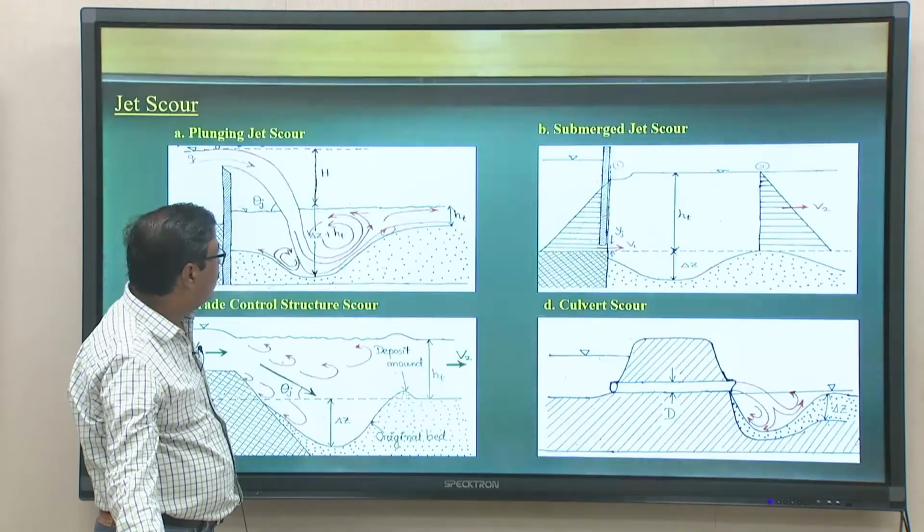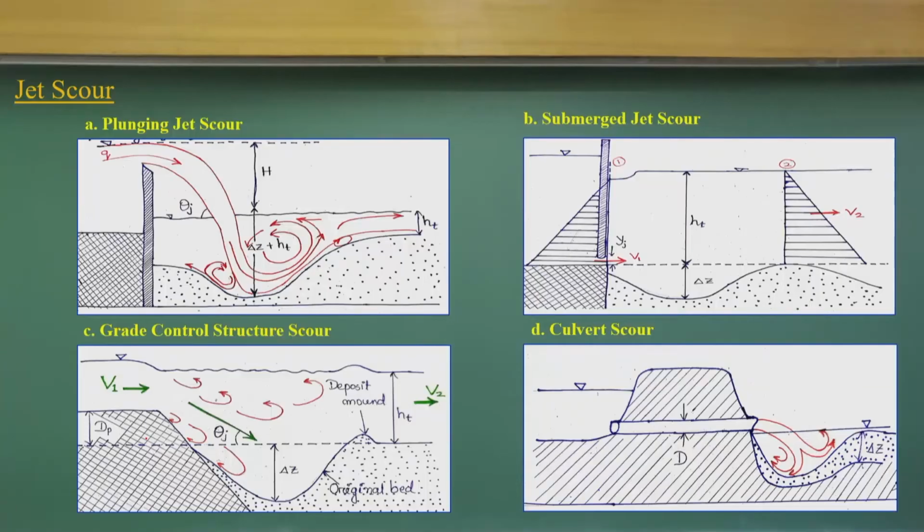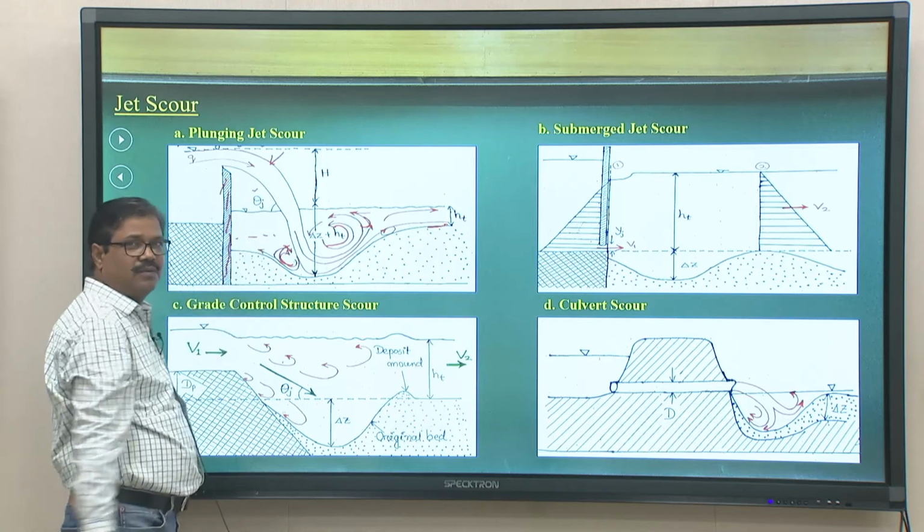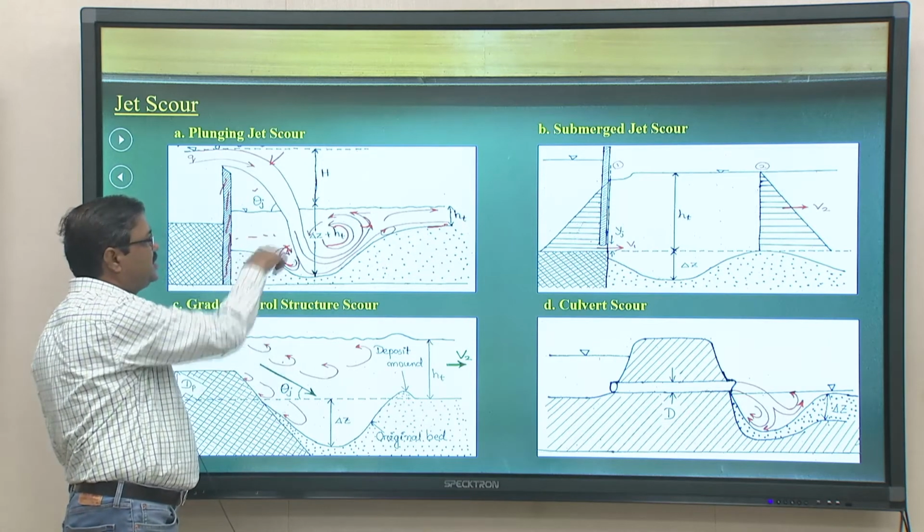Looking at the first part, jet scours. Let us look at these 4 figures, which give very interesting information about what type of scour can happen. If you have a dam structure and a water jet here, because of the water jets the initial soil will be scoured, and you can see a vortex pattern created, and that vortex will be dissipated as it goes up. It depends upon theta jet, the angle of the water jet impinging on the water.